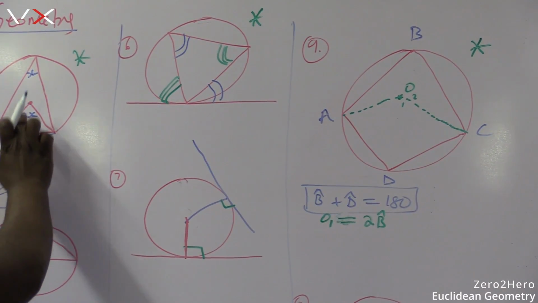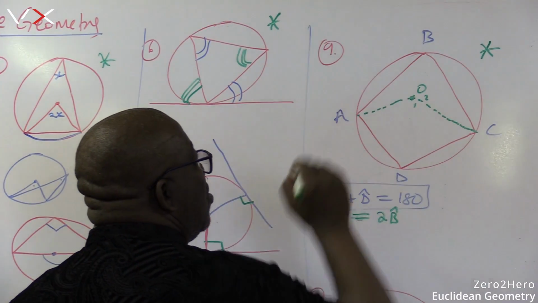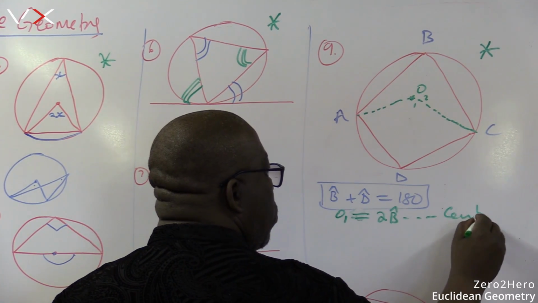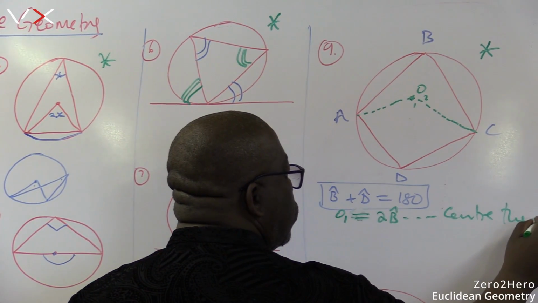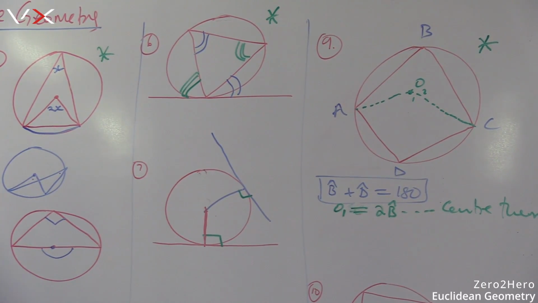The angle at the center is 2 times the angle at the circumference. So O1 is equals to twice that one. Reason, center theorem. Right? That's what we got so far.